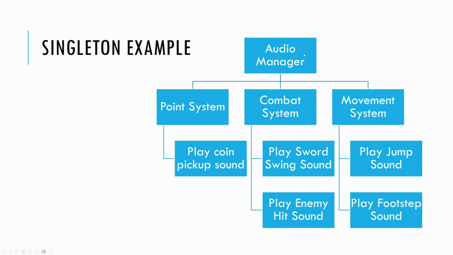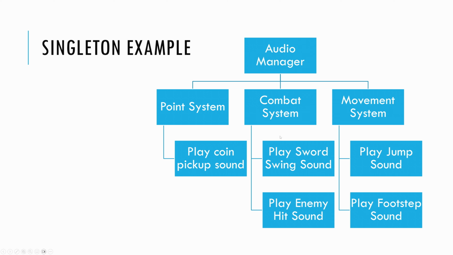Here's an example of an audio manager hierarchy. So you have the audio manager, right? Your audio manager owns the audio, but this point system wants to trigger the audio manager to play a sound. Well, the audio manager owns it, so that actually belongs to the audio manager.